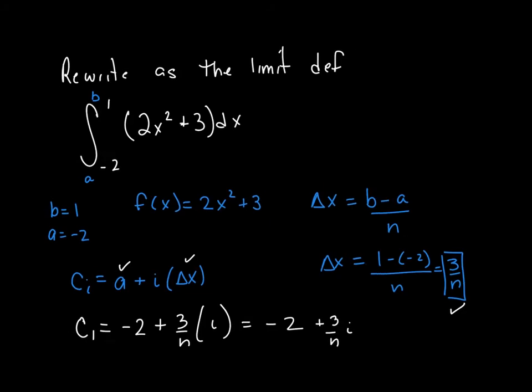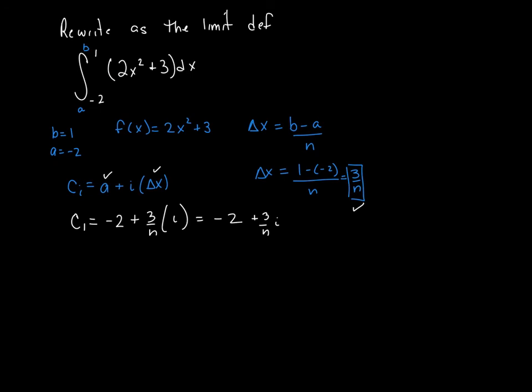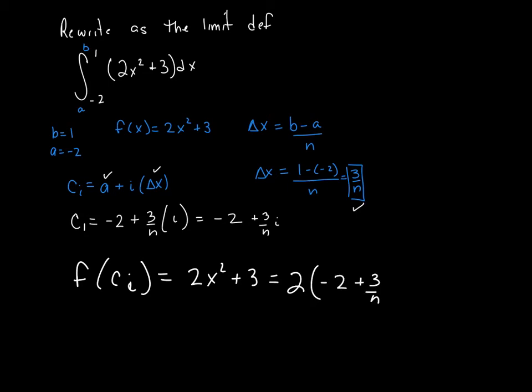The only other thing I need to find is f of c of i, so let's do that. What is f of c of i? Well, my original function is 2x squared plus 3, so now I substitute in c of i for that. Then I get 2 times (-2 plus 3i over n) all squared plus 3.